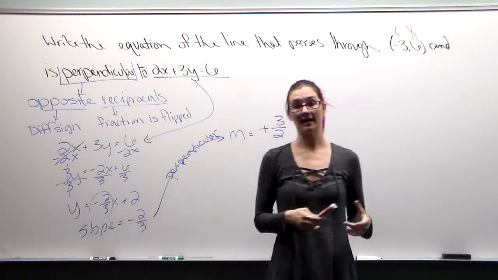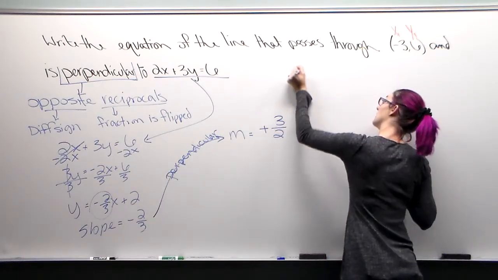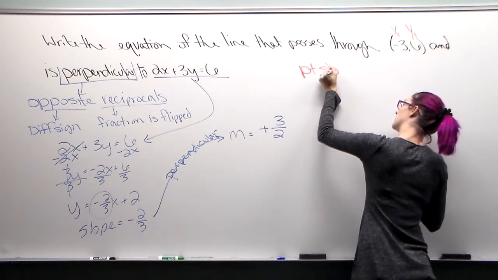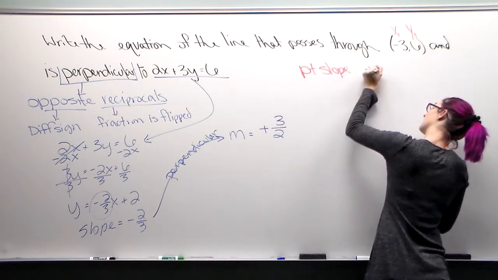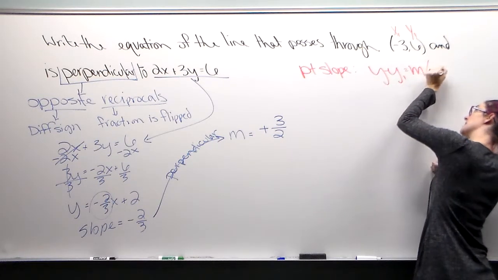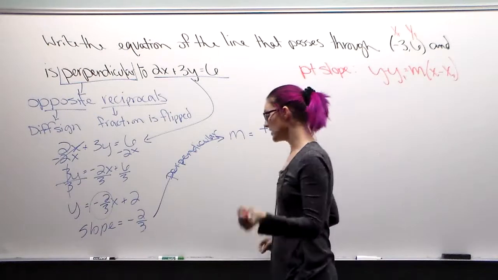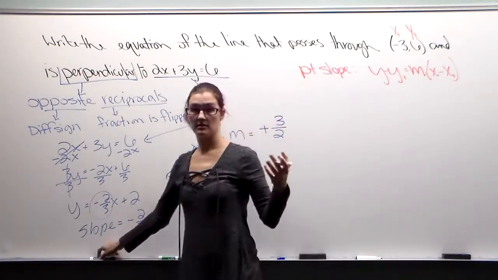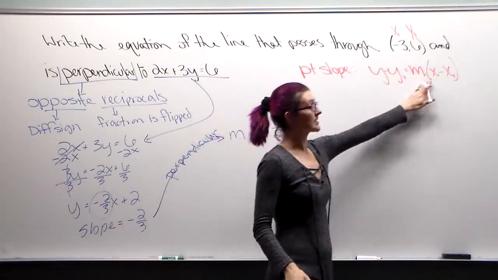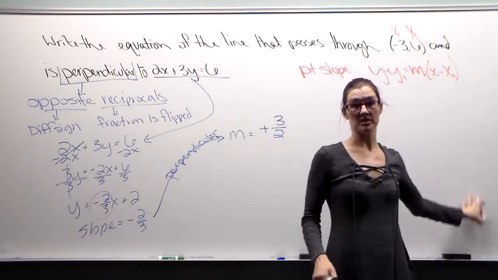So now that we have a point and a slope, we're going to use the point slope formula. That is y - y1 = m(x - x1). That's your point slope formula. Remember, y is the letter y, x is the letter x, so don't substitute in for those.